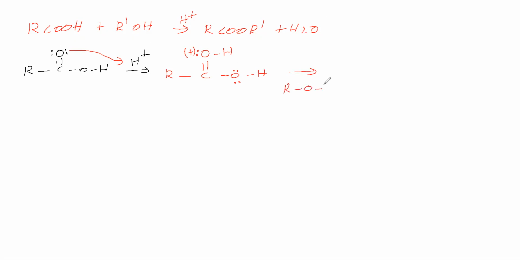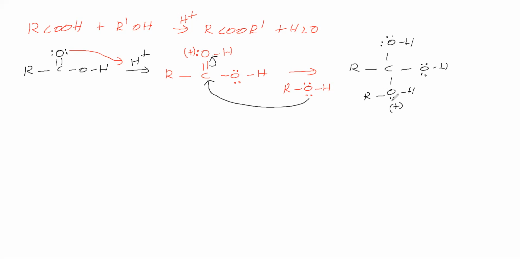Attack of alcohol. It attacks this carbon and this bond is migrating. So we'll get RCOH, with two lone pairs here, OH here. Alcohol is attacking here and there will be a positive charge.